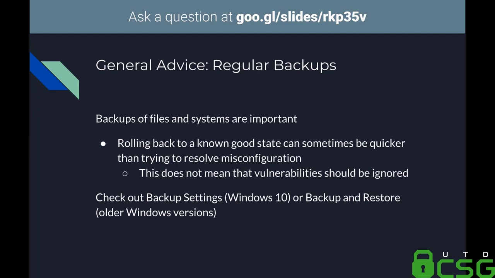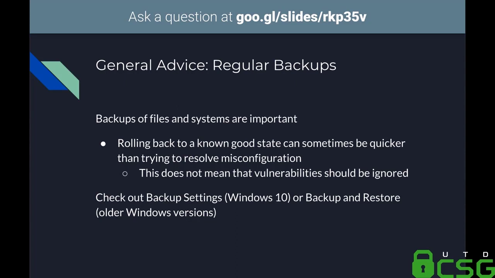Other general advice is regular backups, because sometimes, and I'm not recommending that you do this in every case, it's easier to just scrap whatever is going wrong and go back to a known safe point. However, if there's a vulnerability that's being exploited, it's going to be in the older backups too.